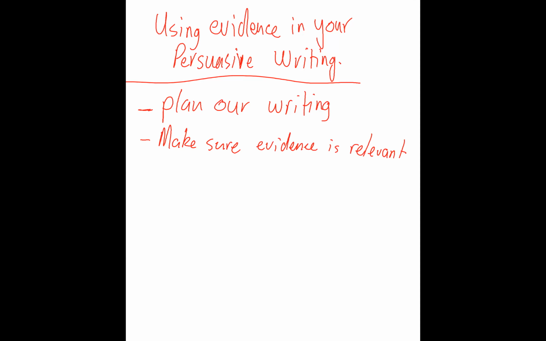The worst thing we can do is have a brilliant position, a really well thought out argument, but then our evidence is just bad. Because as soon as that happens, we just lose all credibility. We might get a chance to try and redeem ourselves later on in our piece of writing, but for the meantime, we're just going to lose all credibility. So make sure that the evidence is relevant.